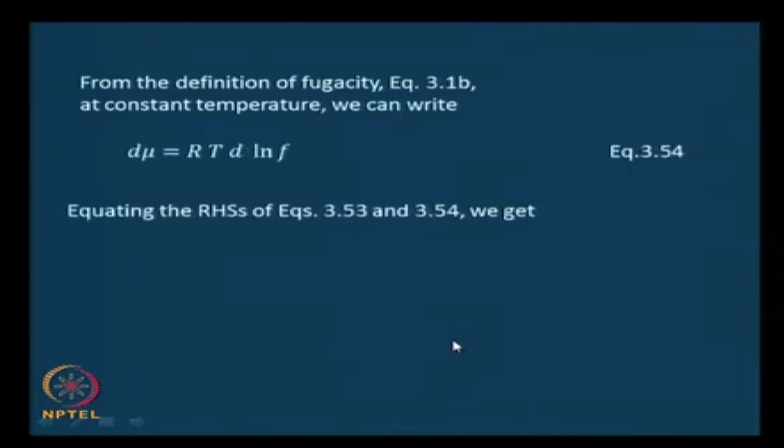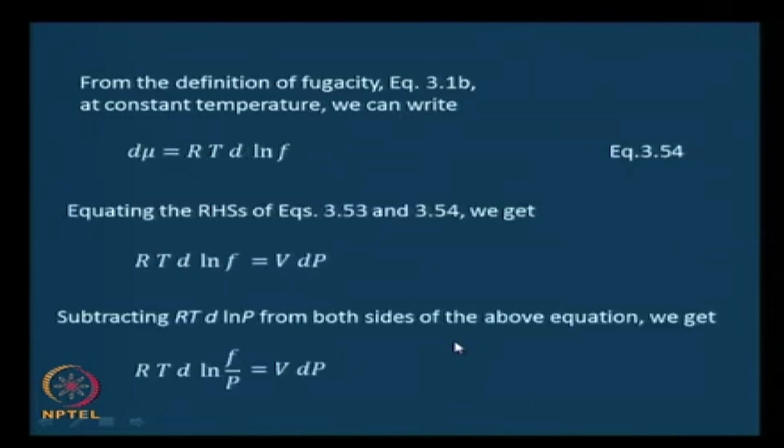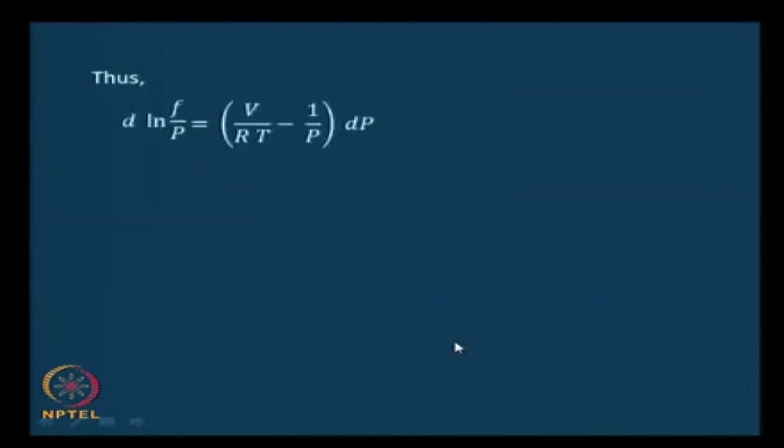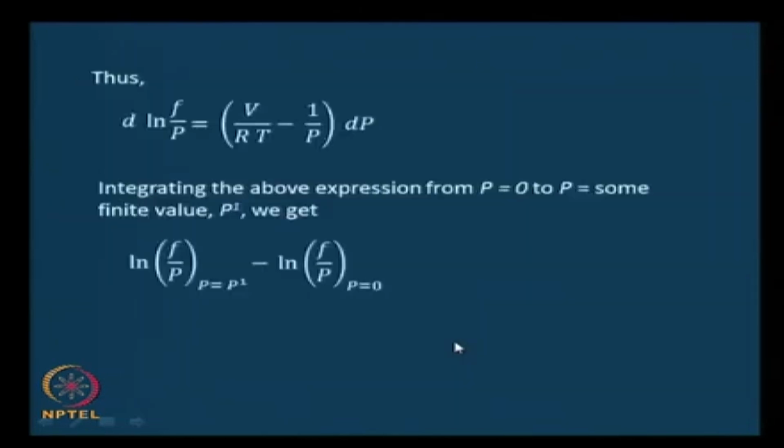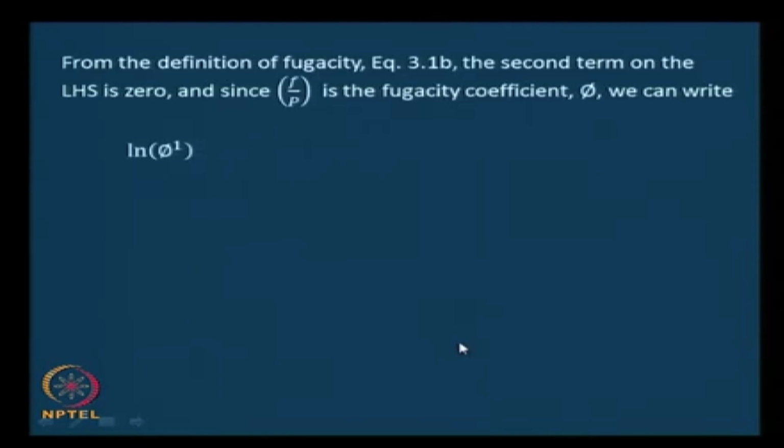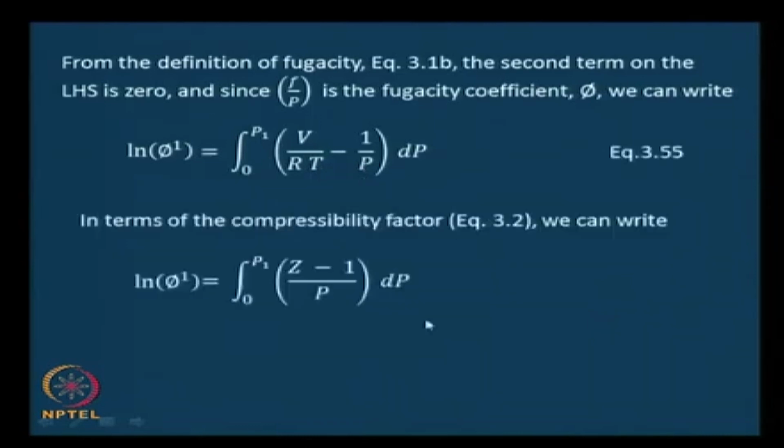Then we went ahead with the derivation to get to this particular expression, which is the penultimate expression. ln of phi 1, the fugacity coefficient at point 1, is the integral from 0 to P1 of (V by RT minus 1 by P) dP, and in terms of the compressibility factor, this can be written as integral of 0 to P1 of (Z minus 1) by P dP.